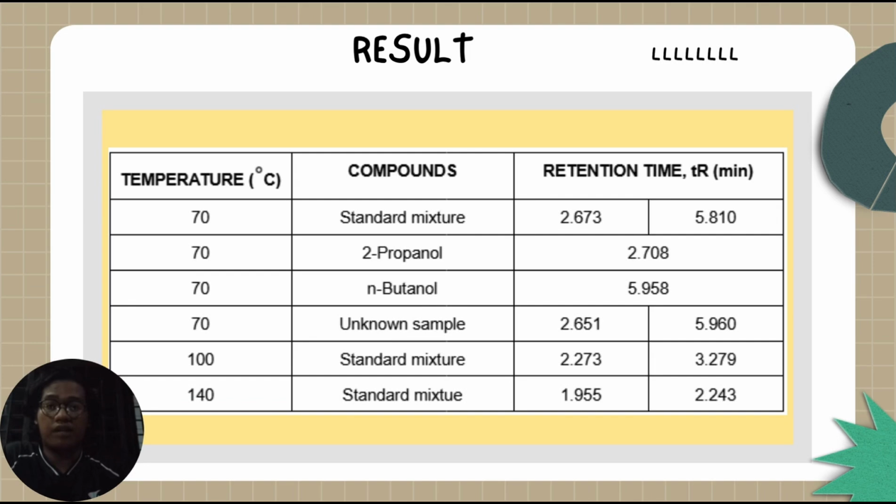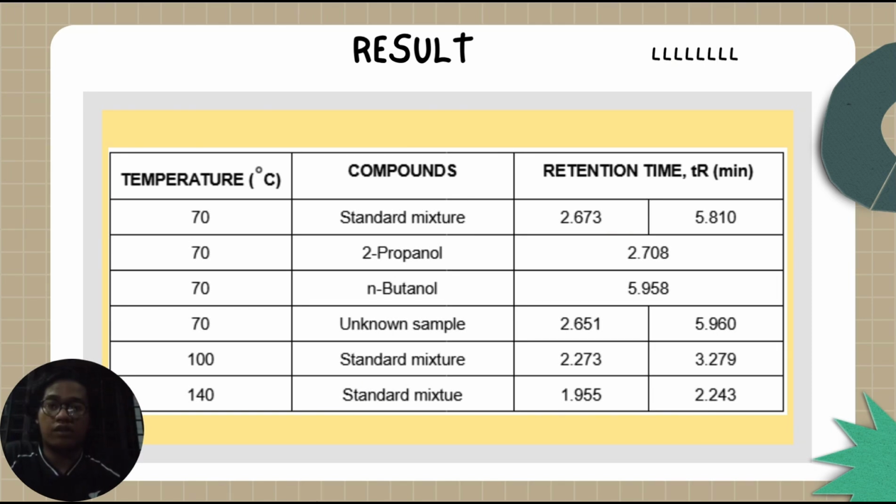For the unknown sample at the same temperature, the chromatogram also showed two peaks at approximately 2.65 minutes and 5.96 minutes. These values are very close to the retention times of the two standards, indicating that the unknown sample contains both 2-propanol and N-butanol.